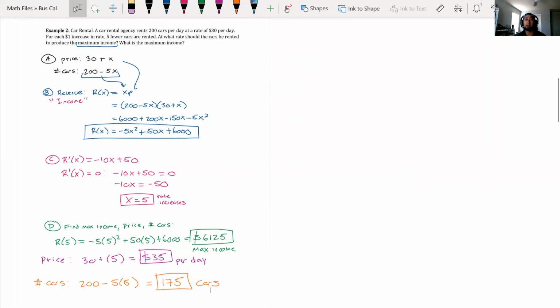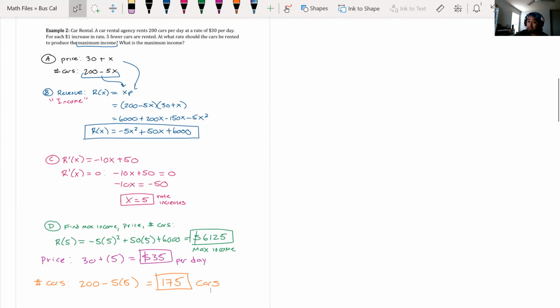So what this is saying is, you take the revenue function, and for each increase, you go down to 175 cars instead of 200. Exactly, because remember that we are increasing the rate.